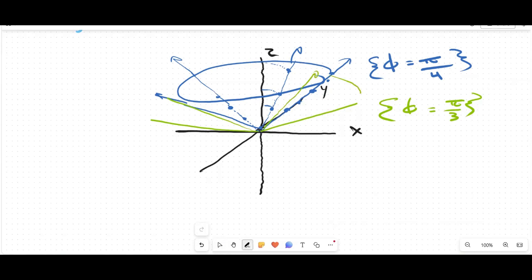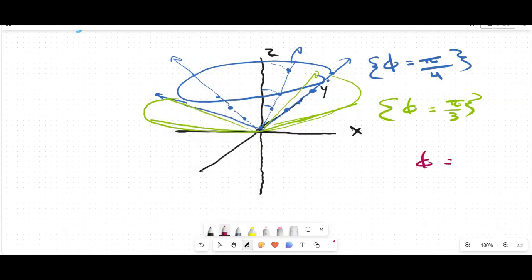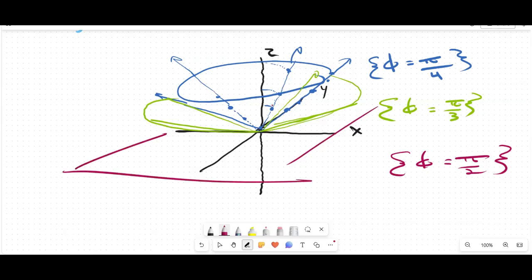So that is a more opened up cone, right? Like a flower or something opening up. And now maybe it's clear phi equals pi over 2 is the xy plane. Kind of fully opened up.